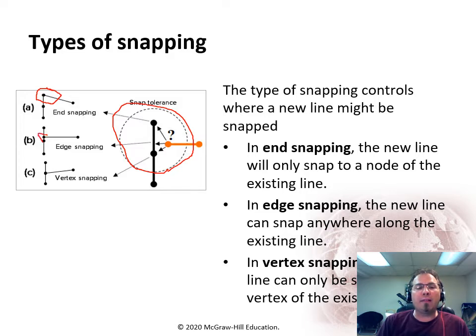So you have this tiny little gap between these two vertices. How big is that gap? Does that gap represent what's really happening in the real world? Was it surveyed in? And then maybe you have to actually measure that. So with edge snapping, you've got to be a little careful, depending on what you're trying to edit. So in most cases, vertex snapping is probably the best way to go.